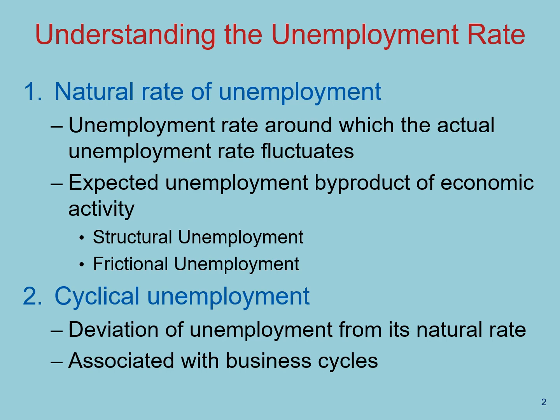We can separate the natural rate of unemployment into two components, the structural and the frictional unemployment. Then we have the cyclical unemployment rate, and that is the deviation of unemployment from its natural rate, and we associate cyclical unemployment with business cycles.